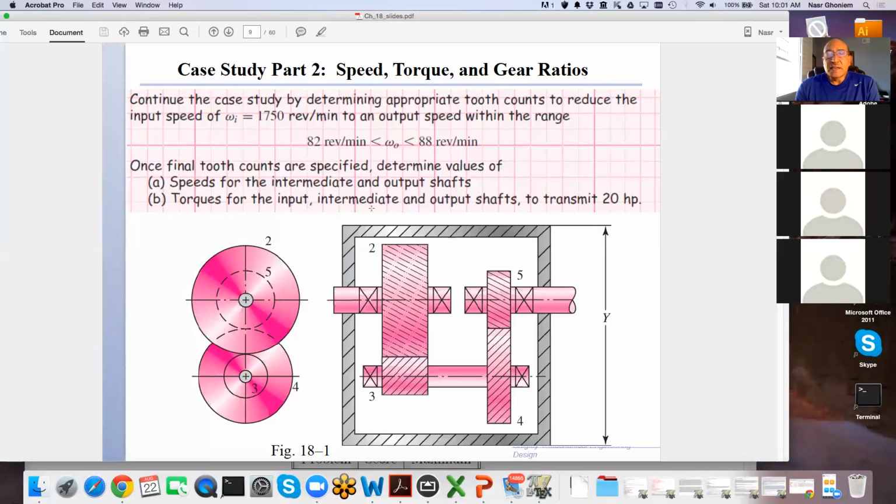If it is less than 100, then we can achieve it with only 2 steps, which is the case here. So that's the first thing. And then we have some kind of constraint on the size of the gearbox. So if the gearbox is, say, to be 22 inches high, then we should be able to put in gears inside that would fit.